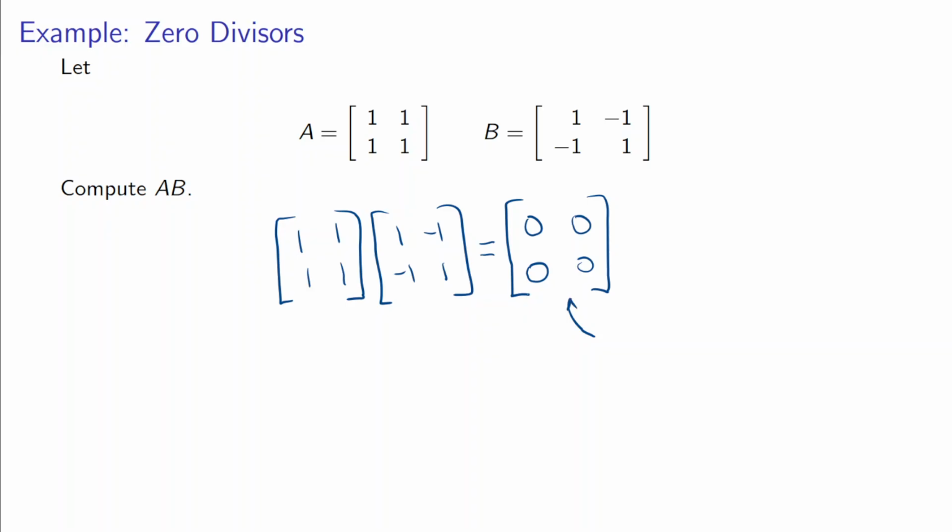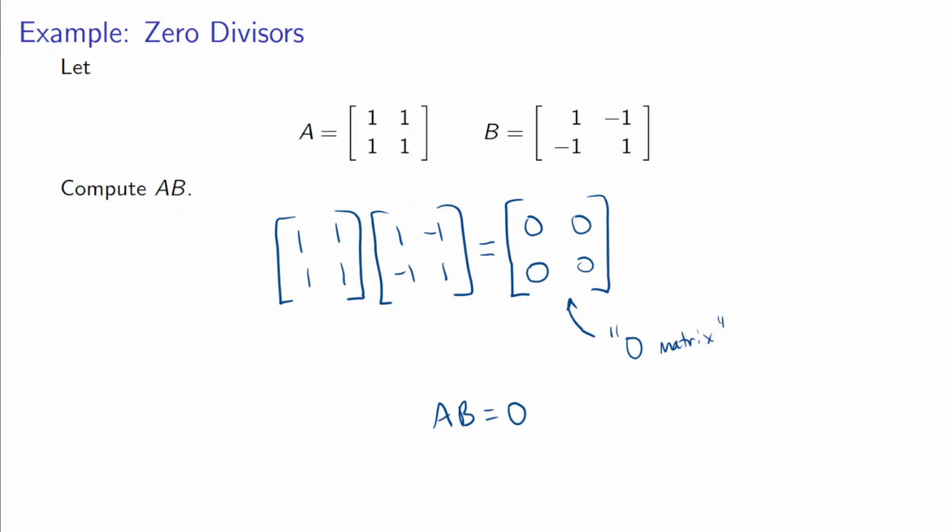So in some sense, this is the zero matrix, which we sometimes write as just the number 0. So what we're seeing here is A times B equals the zero matrix. What we notice is that neither A nor B themselves are actually the zero matrix, and this is something that would not happen in algebra or calculus with regular real numbers or variables representing real numbers.